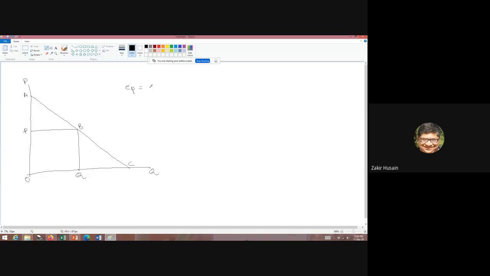Okay, price elasticity is, or I can write this as, one over slope times price over quantity. So this is price, which is given by OP.